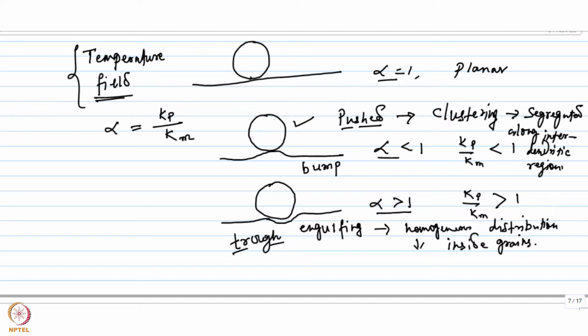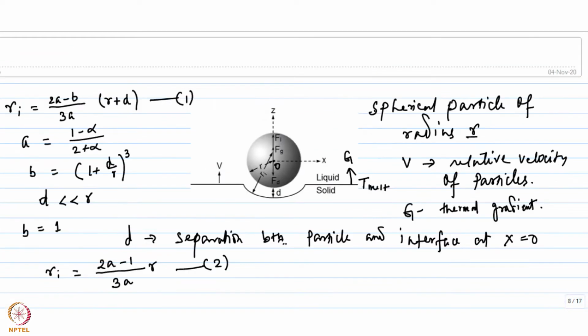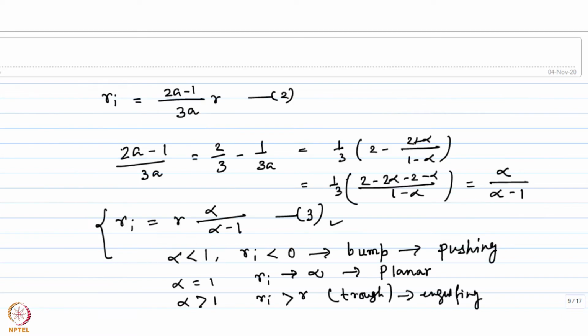Apart from this alpha, there is one more aspect that we considered, and that was the force acting on the particles. The forces which act on the particles will also have a bearing on the distribution of the particles. Primarily there are three types of forces which act on a particle suspended in the liquid metal. These are the gravitational force, which is due to the weight of the particle, that is mg.